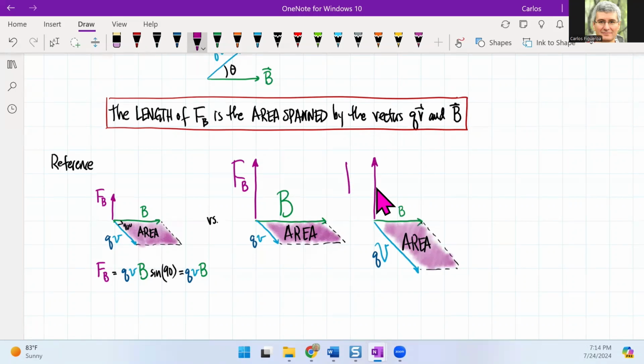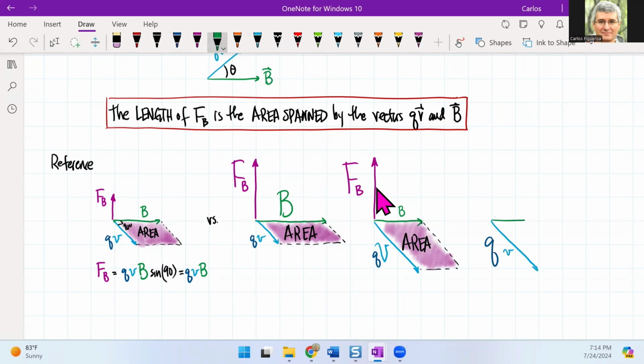And the other thing that we said that could cause a bigger magnetic force is a larger charge. I could come in here and I can extend this guy here now. So if I extend this guy to right here, I could say that my speed is small, but now my charge is large.